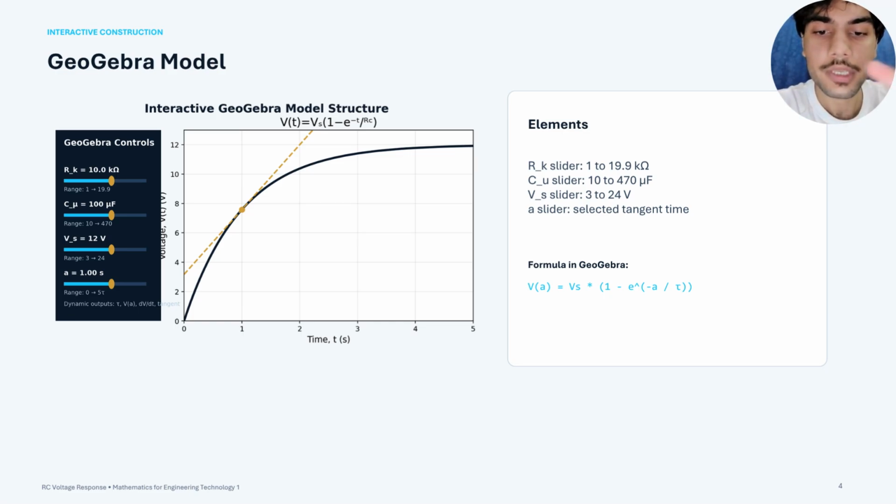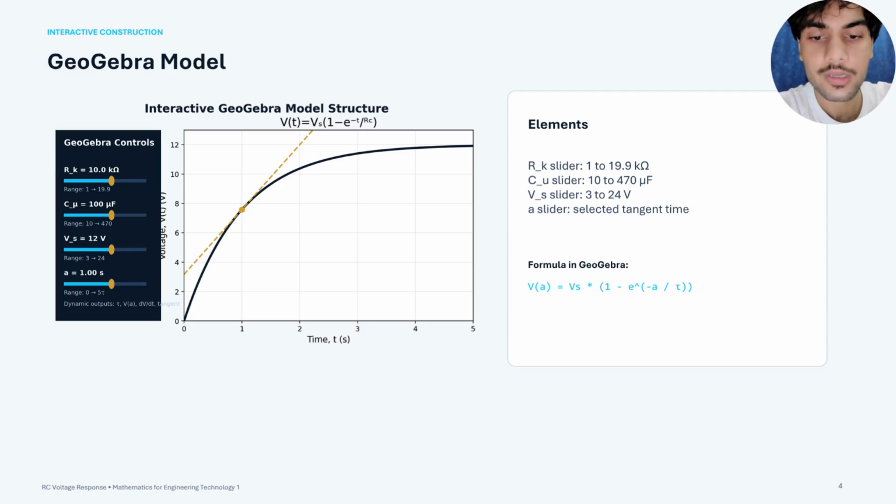The first one is resistance, represented by R in kilo ohms, with values from 1 to 19.9 kilo ohm. The second one is capacitance, represented by C in microfarads, with the value from 1 to 470 microfarads. The third one is supply voltage, with the value from 1 to 24 volts.